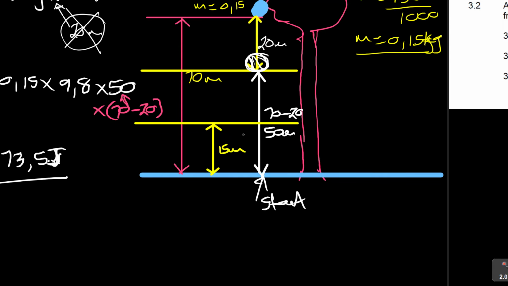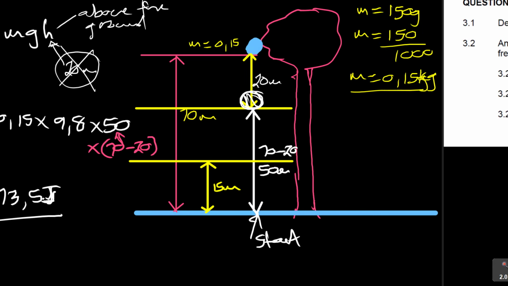It's above the ground. But now when I'm dealing with velocity, remember this object is falling from the top. So it's starting here. The potential energy reference is the ground, but for velocity, the reference is the top. So you ask yourself, from the top, how many meters has it fallen? That's where they are trying to twist your idea.